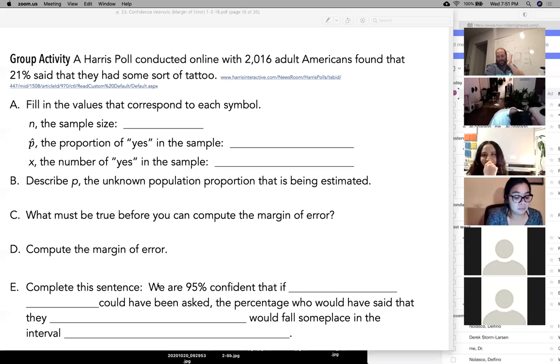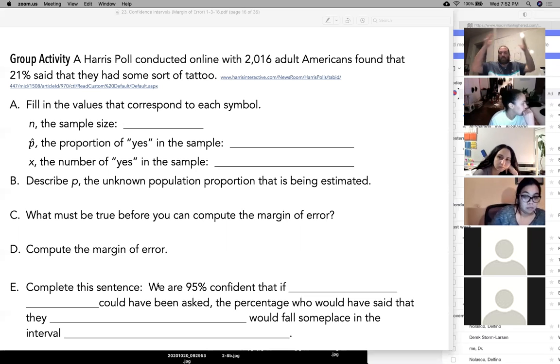Now, the point that I'm trying to make is that an online survey is not a simple random sample. If I'm going to use any of these formulas, I have to make sure that the survey I use was actually a good, representative compilation of Americans.